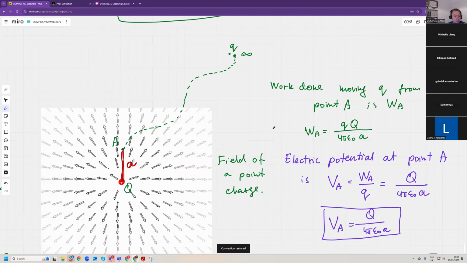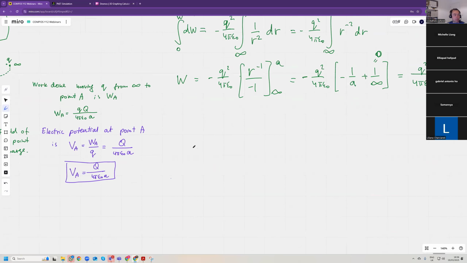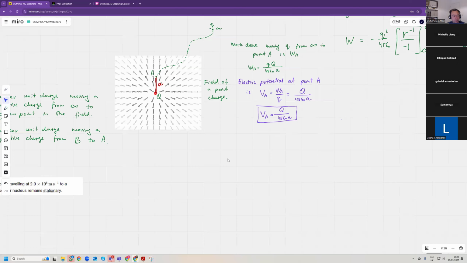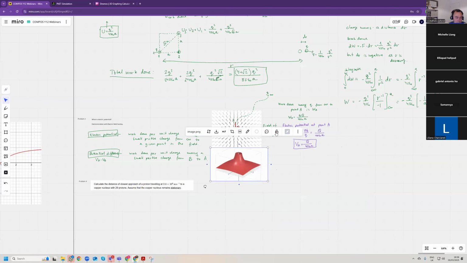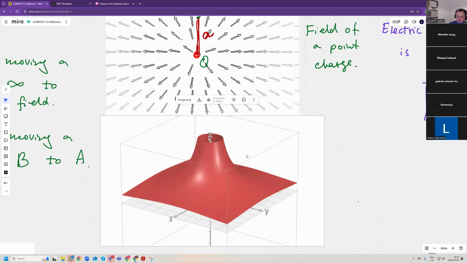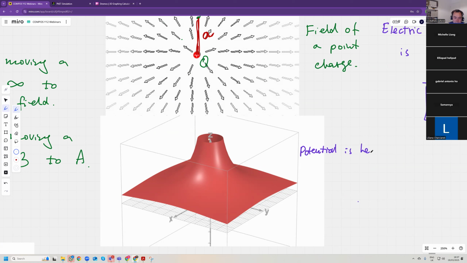So potential is similar to height above ground.